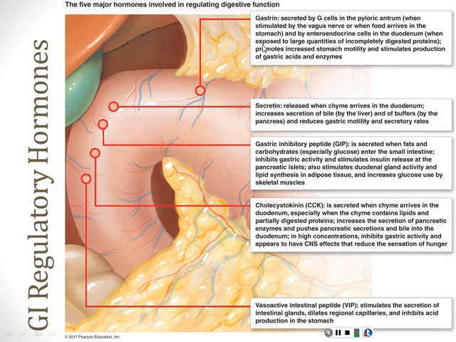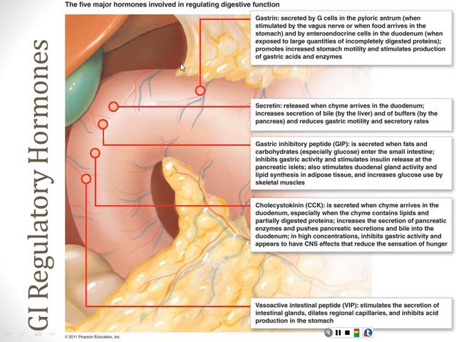Okay, so the first one is gastrin. When you think gastrin, think stomach. Gastrin stimulates the stomach to do what the stomach does, which is to produce acid and produce pepsinogen and churn. In other words, move and bend and contract to mix things up that are inside it.